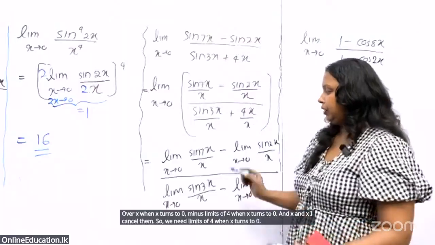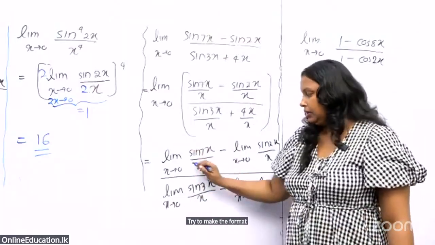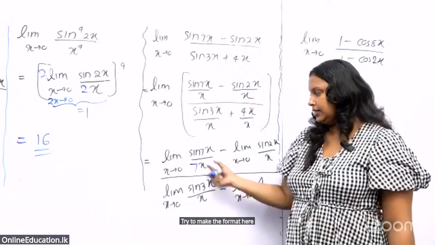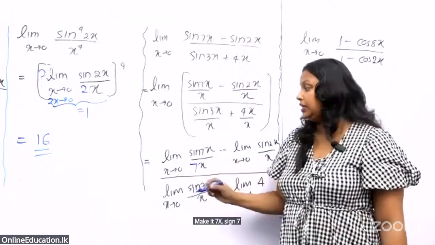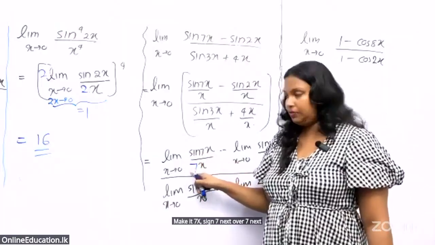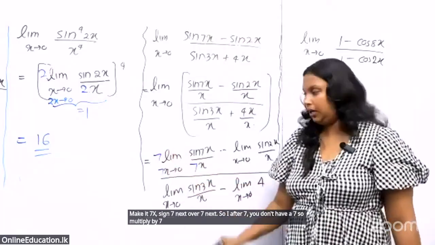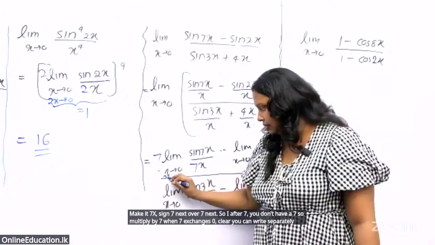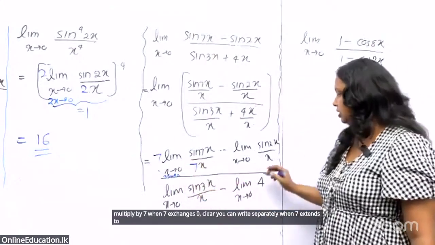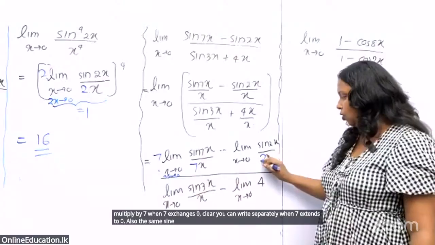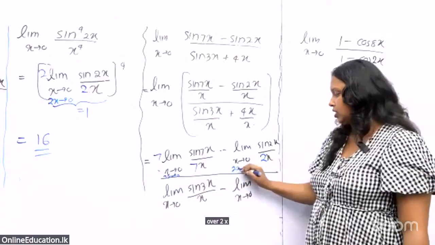So here, try to make the format. Make it sine 7x over 7x. So I put a 7. You don't have a 7, so multiply by 7 when 7x tends to 0. Clear? You can write separately when 7x tends to 0. Here also the same, sine 2x over 2x when 2x tends to 0.